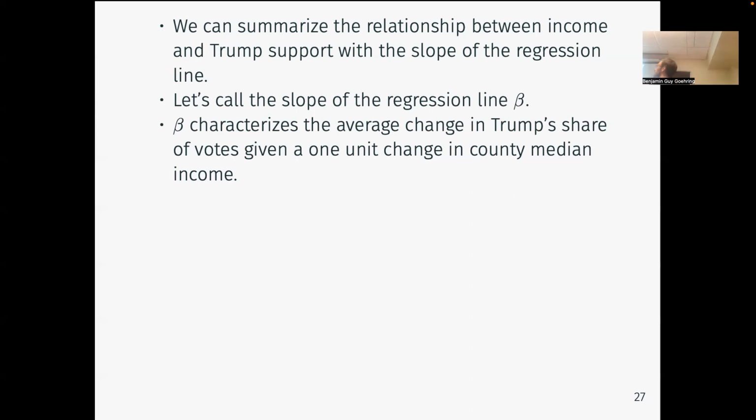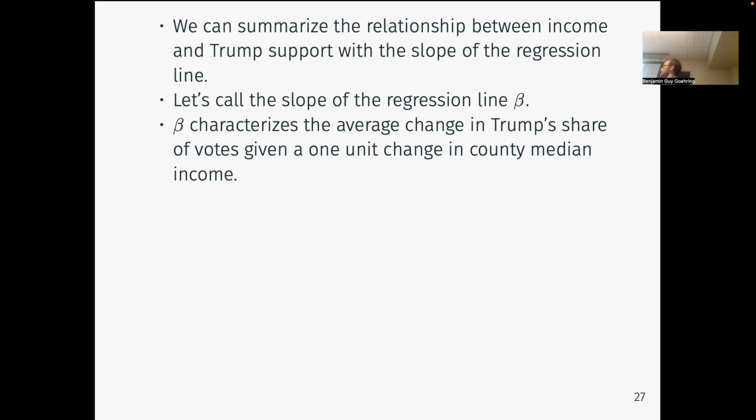That's the slope of our regression line. It's how much it's increasing or decreasing, and in our case, it's decreasing. In words, it's characterizing the average change in Trump's share of the vote, given a 1 unit change in county median income.